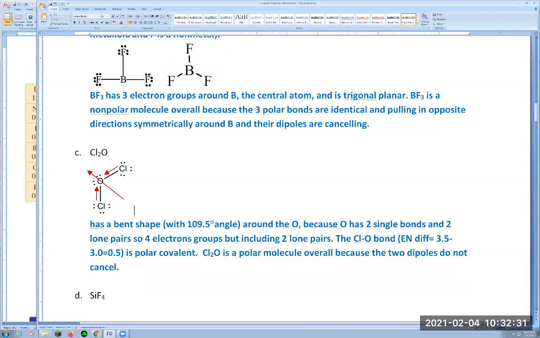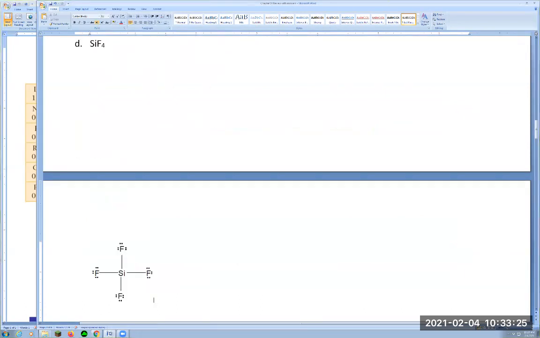So let's move on to SiF4, silicon tetrafluoride. So let me bring in the Lewis structure of SiF4. So you see how SiF4 is having the silicon in the center surrounded by the 4 fluorines.